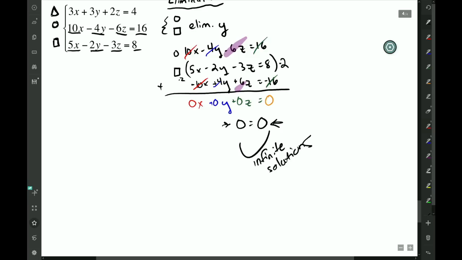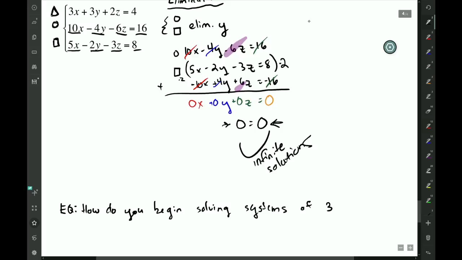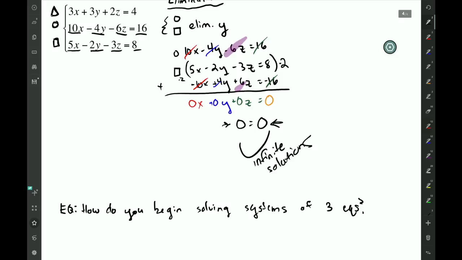Take your time, and what I would like you to post is, so an answer kind of to our essential question, is how do you begin to solve systems of 3 equations? Okay, that is the name of the game. Good stuff, and good luck practicing.